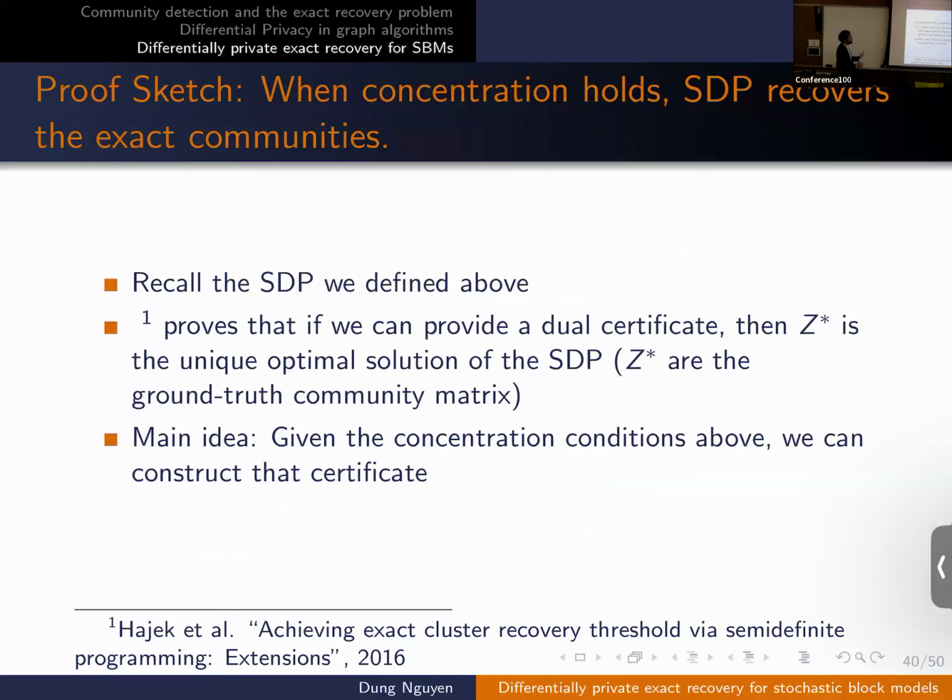And the last step is, when we have the concentration, we will prove deterministically, which means with probability 1, that we can construct a certificate for the SDP. And recall that when the certificate exists, the SDP will output the ground truth as the optimal solution.